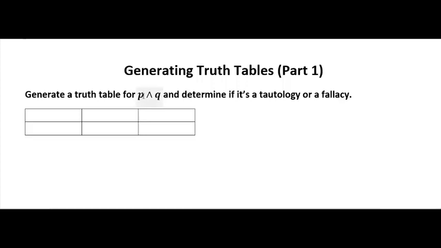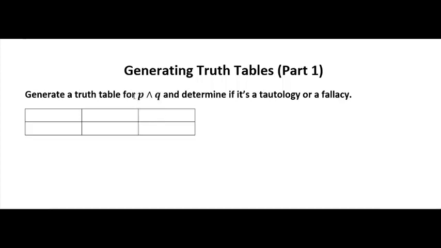Now, they never tell me if P is true or false, or if Q is true or false. It's kind of different than previous exercises with truth values. In this case, you don't know whether the simple statements are true or false.